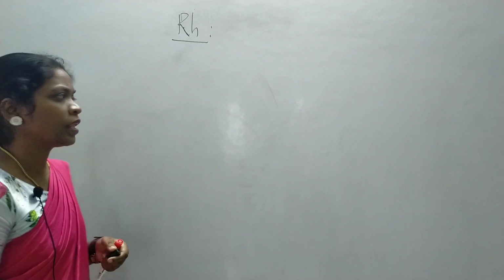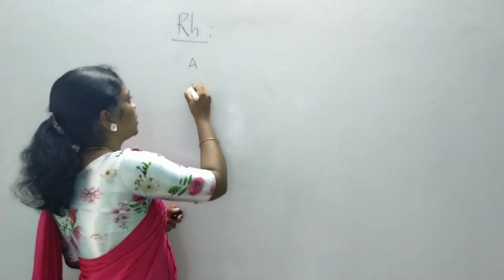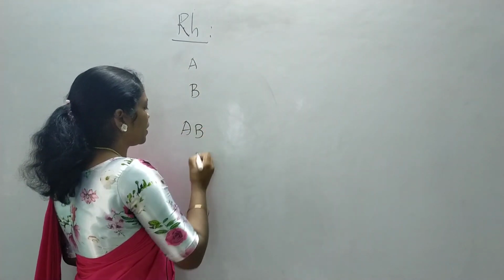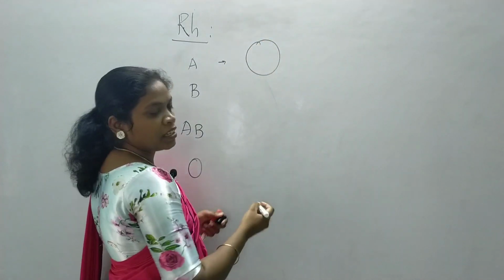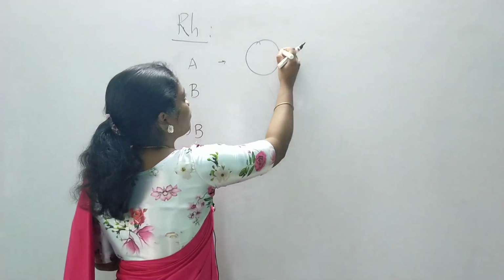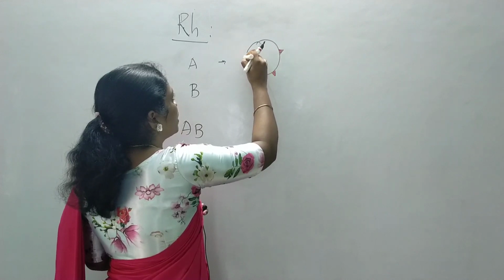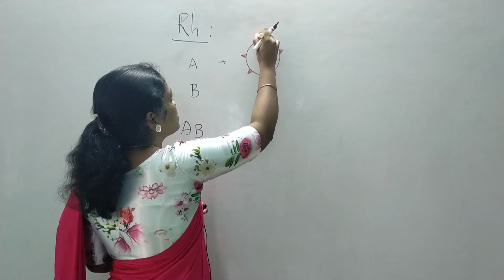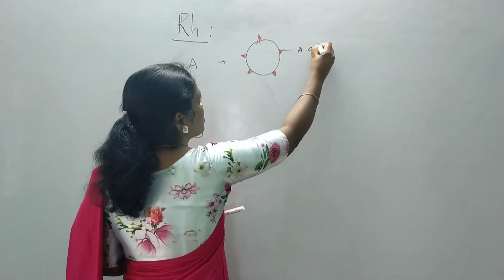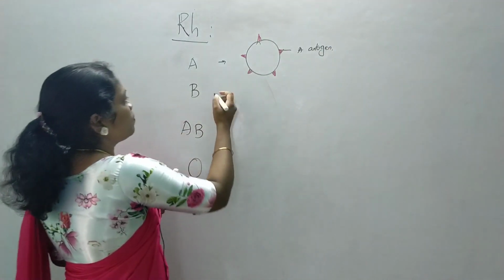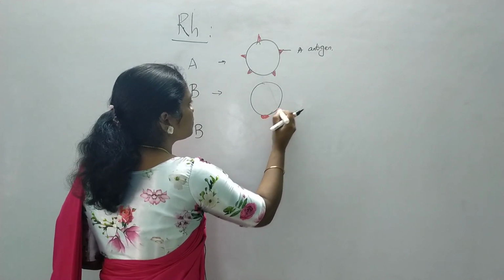RH factor. As we discussed already, the blood group of A individual, B individual, AB and O. The A individual will have a surface antigen which is present on the surface of RBC. So blood group A people will have A antigen on their surface, and B blood group individuals will have B antigens on their surface.